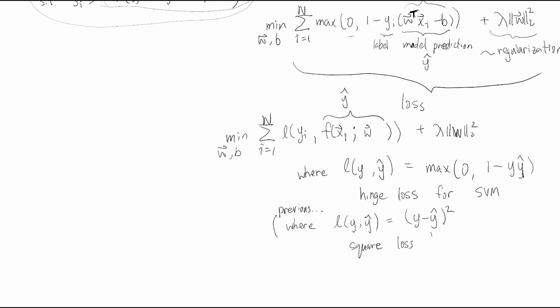Square loss for least squares. So basically, when we do soft margin SVM, it turns out that our loss function, after some simplification, simply becomes the same form as the L2 regularized square loss, except that our loss function, without the regularization, is the hinge loss, not the square loss.